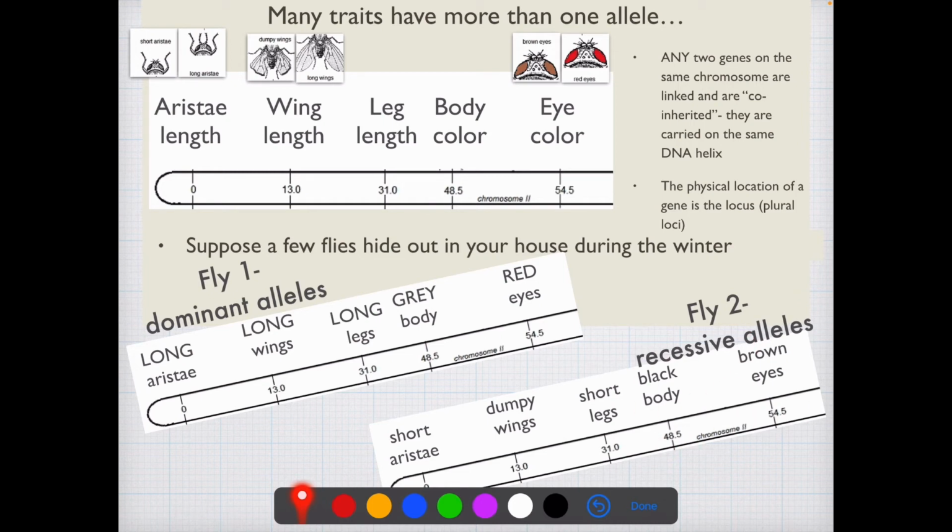And so the offspring of these, if these two flies mated, are likely to get a chromosome from fly one with all these alleles together, and from fly two with all these alleles together.